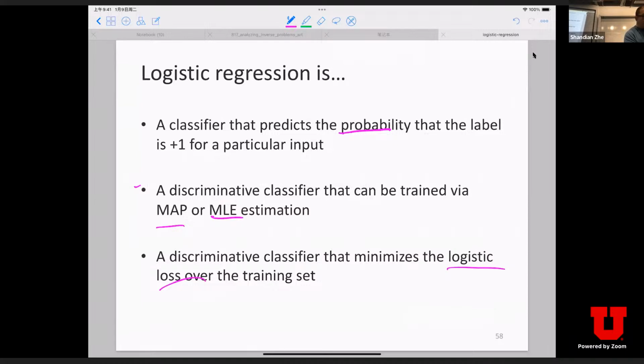Okay, so after this class, we expect that you will be able to implement your own logistic regression classifier. Of course, it's not required in a course assignment, but you should be confident that you can implement it by yourself. And this is actually very, very popular in industry.